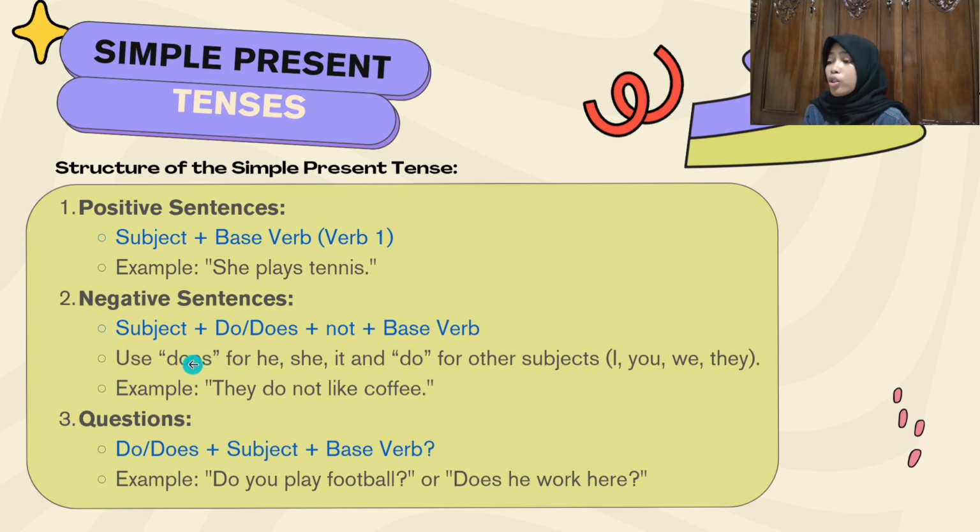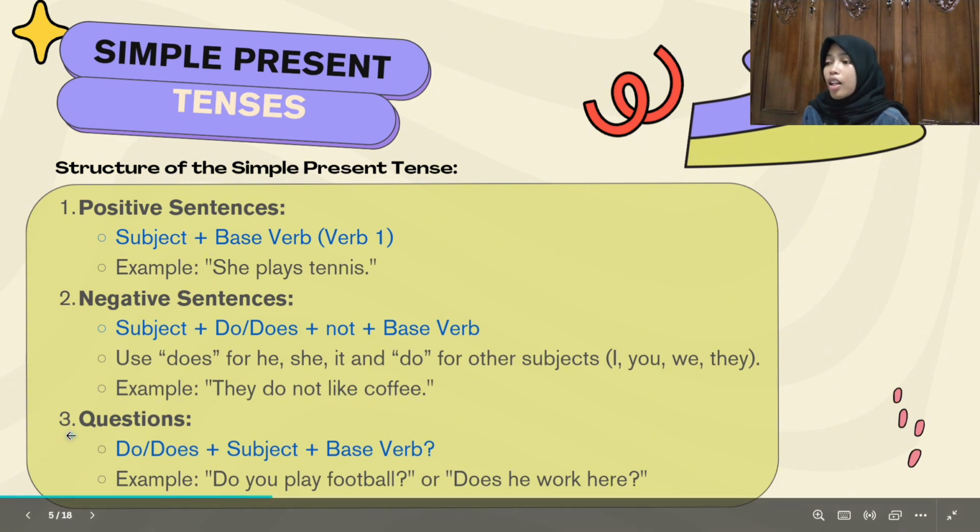We use does for subjects he, she, it, and we use do for subjects I, you, we, they. An example, they do not like coffee. Subject is they plus do not, and the base verb is like.